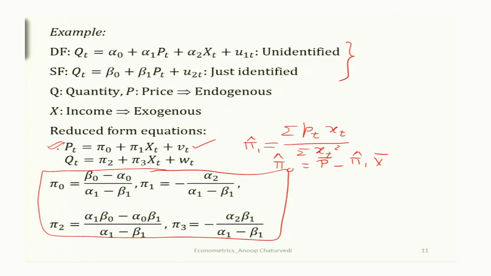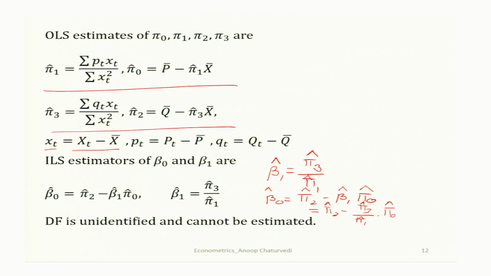Then we have applied the OLS procedure for estimating these reduced form coefficients pi naught, pi 1, pi 2, pi 3, and then we use those relations between betas, alphas and pi's to get these estimators. Now, in fact, you cannot solve those relations for alphas because the demand function is unidentified. So, you cannot estimate the parameters of the demand function.